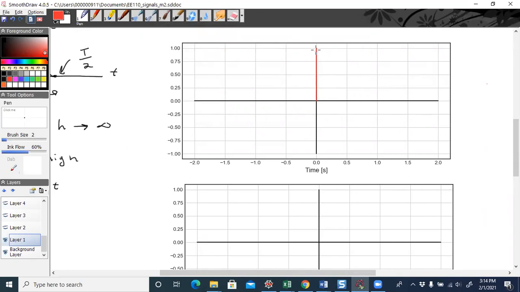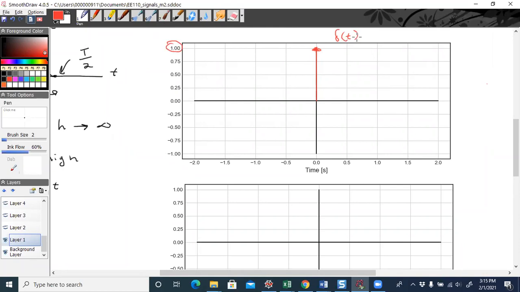We just put a little arrow on it at the head. And yeah, we just draw it 1 unit high, and we just know that that's a delta function, right? Centered at 0. All right.